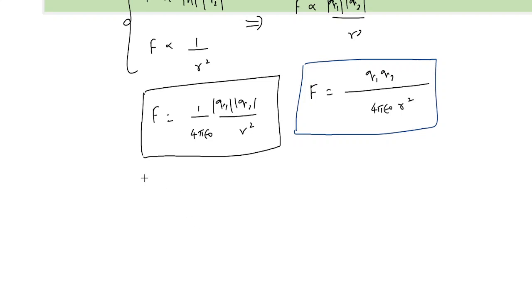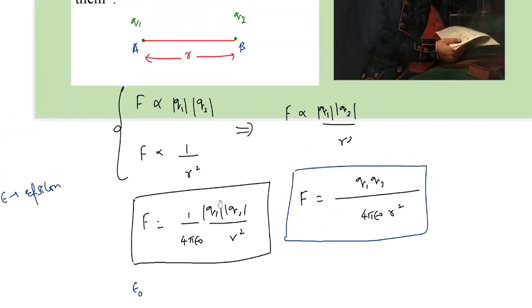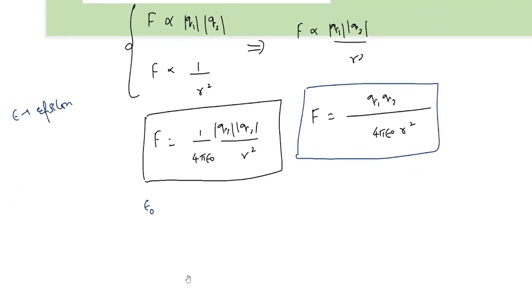Now there's a new term here called epsilon naught. The symbol is called epsilon. It is a Greek alphabet, and here naught or 0 stands for free space. That is, it means that these two charges are kept in free space or vacuum.